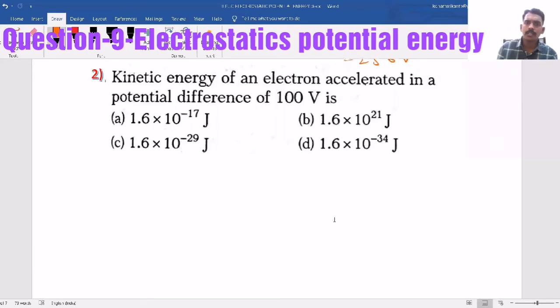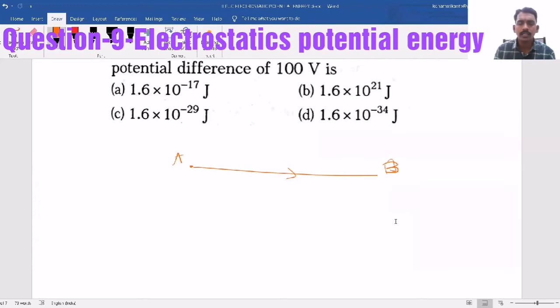Then kinetic energy of an electron accelerated in a potential difference of 100 volts. See here, when a charged body is accelerated from A to B by applying some potential difference, accelerated through a potential difference means there is some work done. So work done equal to Q into delta V. But according to the work energy theorem, work done is also equal to change in kinetic energy.